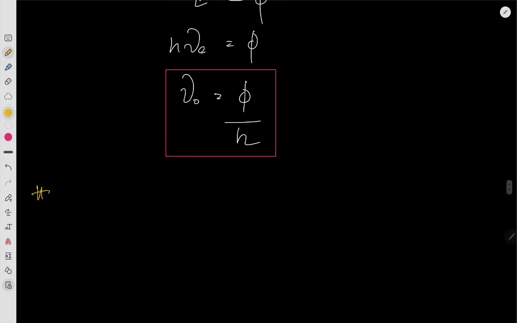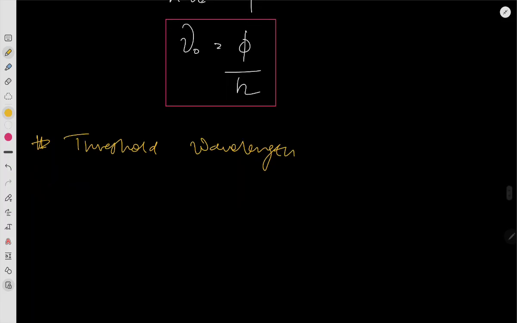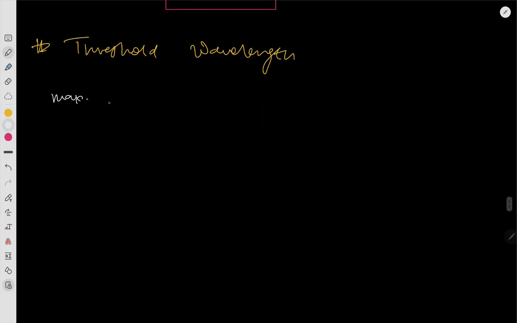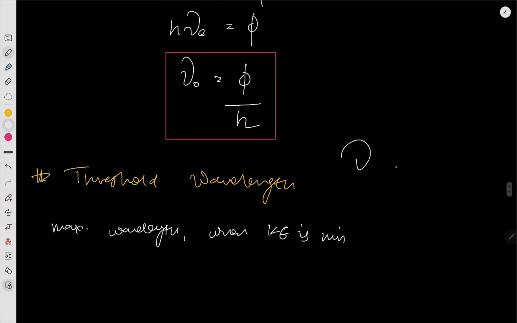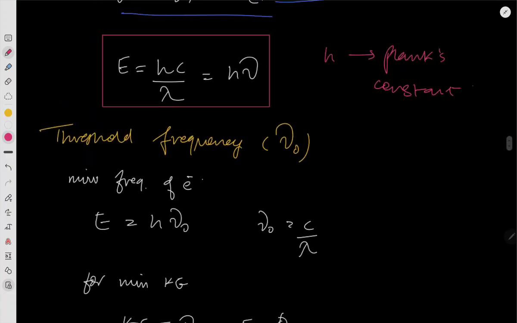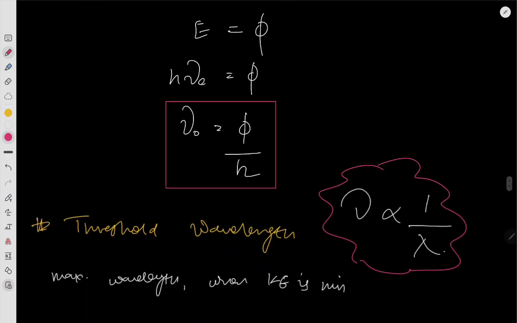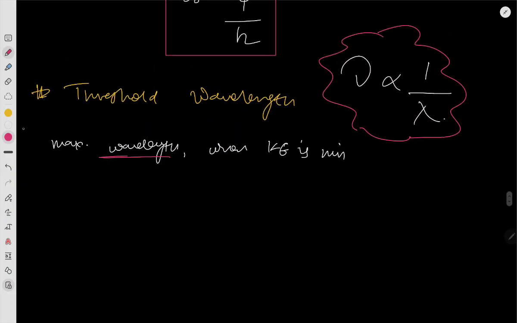This is the minimum frequency, that is the threshold frequency. Then the second term comes, that is the threshold wavelength. The maximum wavelength when kinetic energy is minimum. As we know, the frequency is inversely proportional to wavelength, and from this we write, if the frequency is minimum, then wavelength is maximum.